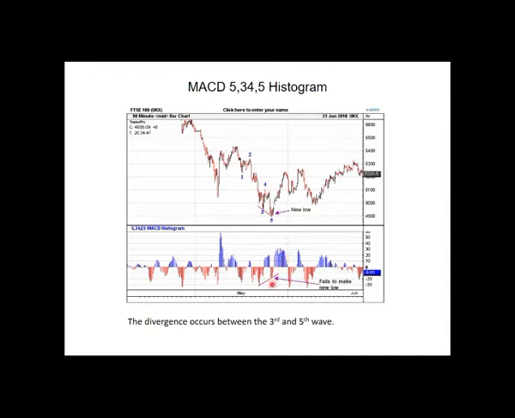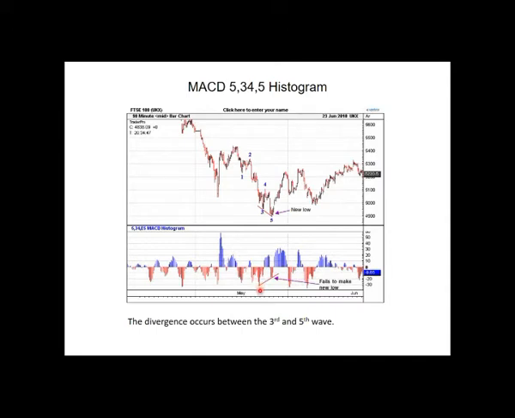And you can see here that is a low, the low in the FTSE, because the chart above is the FTSE 100. So it's made a new low at the end of wave 5. But as you can see, the MACD is higher. In fact, the MACD made its low at the bottom of wave 3, when the FTSE was making wave 3.